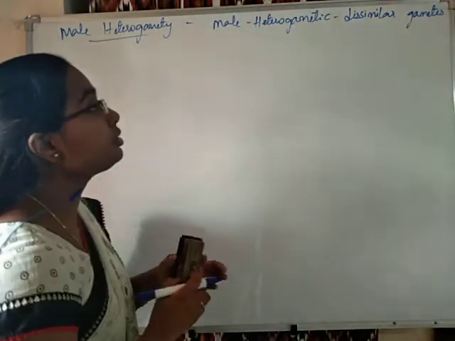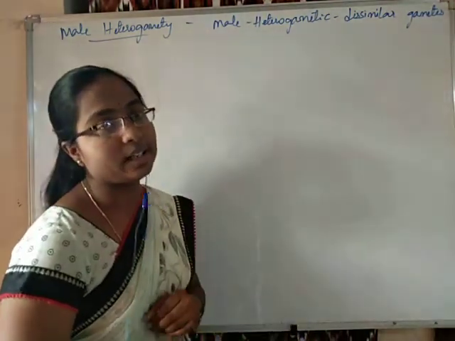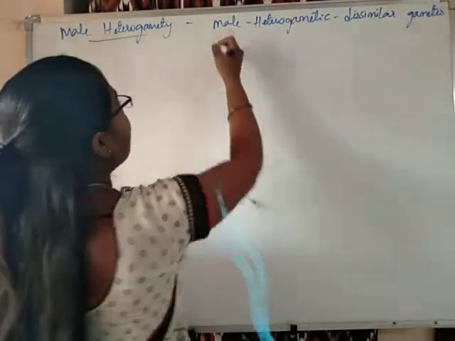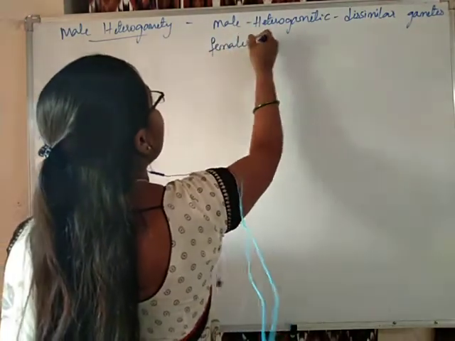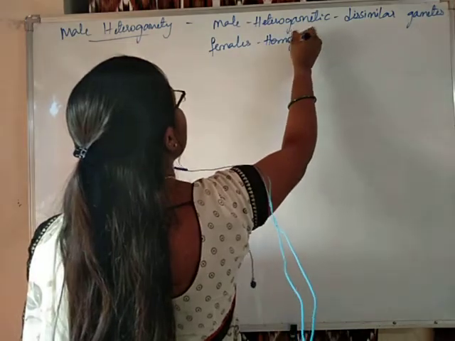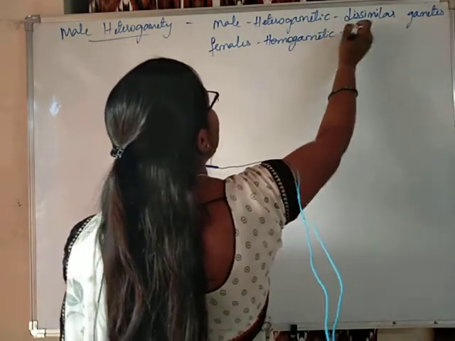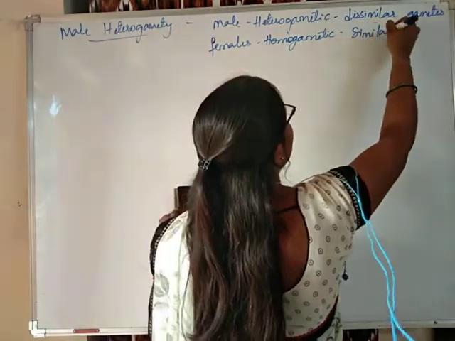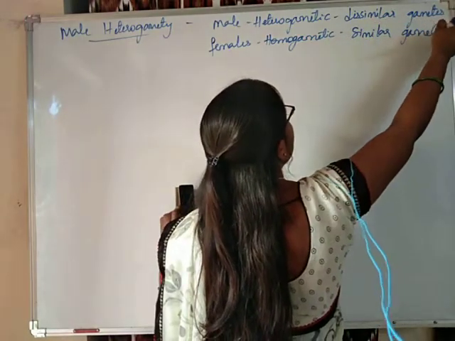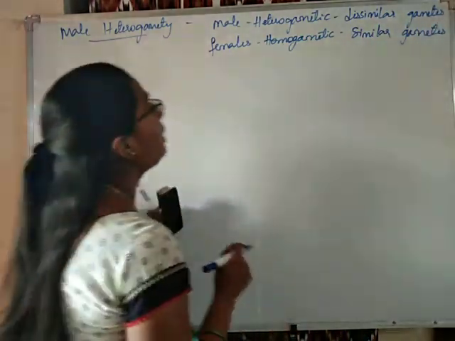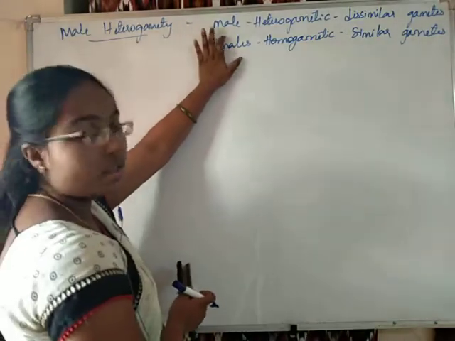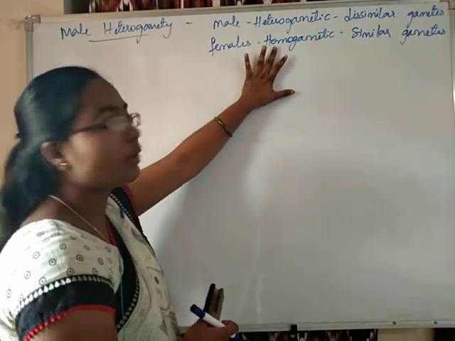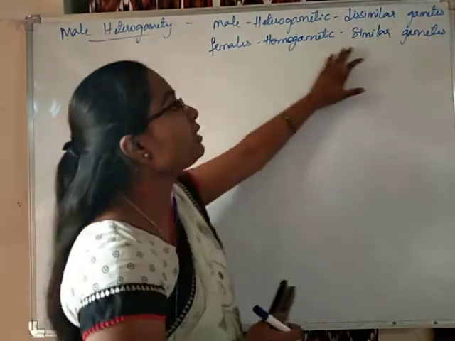That means they produce dissimilar gametes. Males are the ones which are producing dissimilar gametes. So, females are homogametic. That means females produce similar gametes.